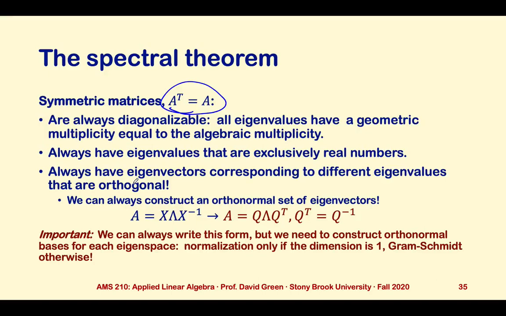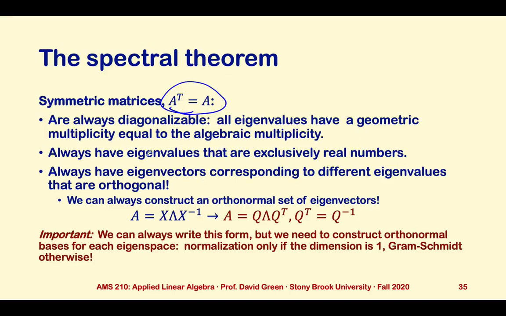This last point is really interesting because it means that we can construct not only a linearly independent set of eigenvectors, but an orthonormal set of eigenvectors, an orthonormal basis for Rn.